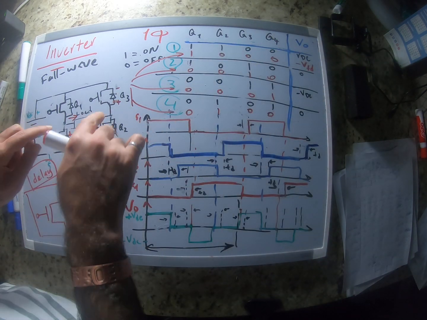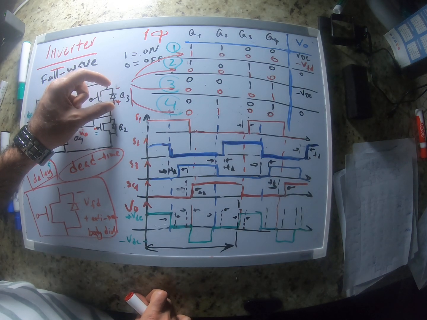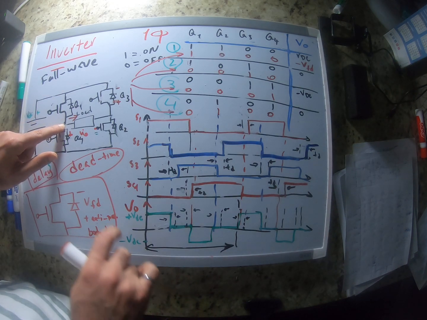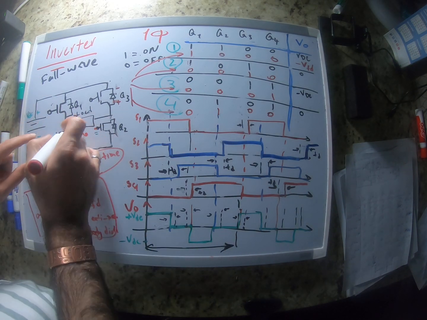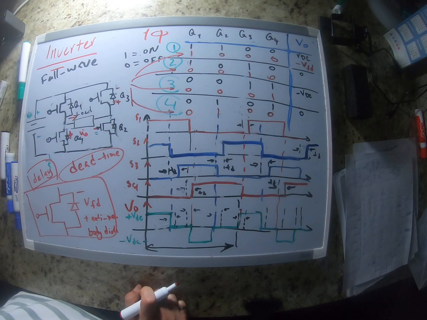Why is that? Because we have a VFD voltage drop across this diode. So this one is going to be negative VFD based on the polarity that we chose for our output voltage.